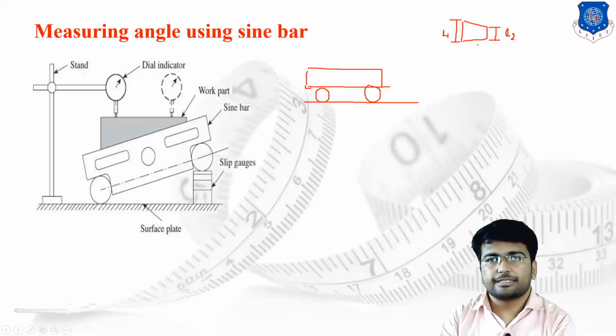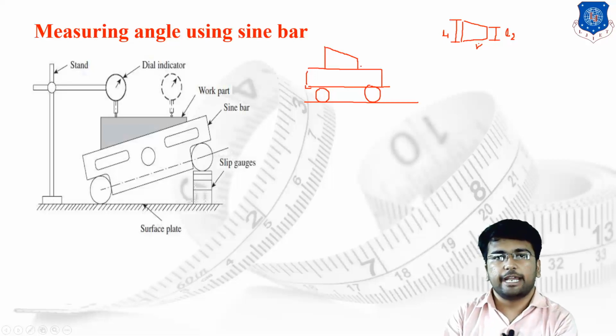What we are going to do is simply put this particular component over the sine bar. If I put this component down, it will be laid down like this. This is the position of the sine bar and the workpiece in the initial condition.